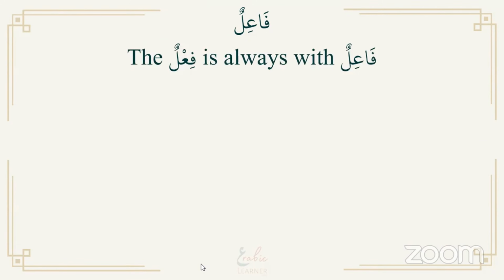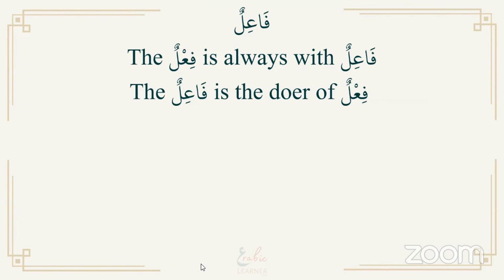So when there is a fi'l, there is always a fail. You know that, that's a rule. And the fail is the doer of the fi'l. Let's take an example in the madi: kataba Hamidun. Hamid wrote. Kataba is the fi'l and the fail is Hamidun. It is always marfu.